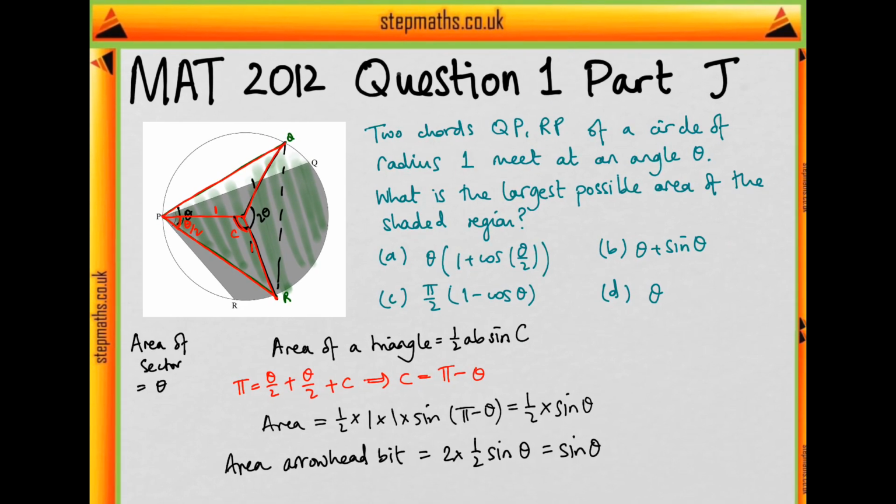And so the area of this entire green shaded area is going to be the area of the sector plus the area of this arrowhead bit. So we have theta as the area of the sector plus sine theta as the area of the other bit, and so we see that that is answer B.